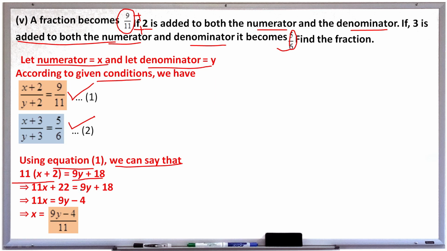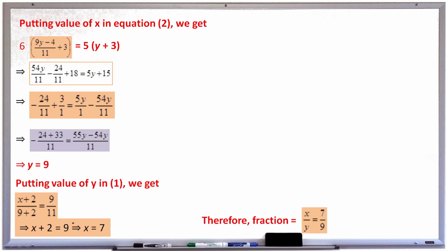Bringing 9y to the left and 22 to the right side, after simplifying, 11x is equal to 9y minus 4. So x is equal to 9y minus 4 by 11.